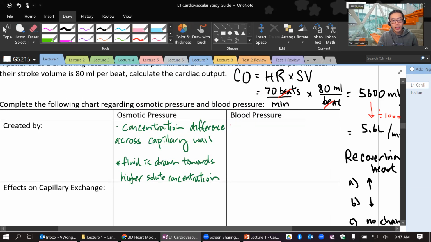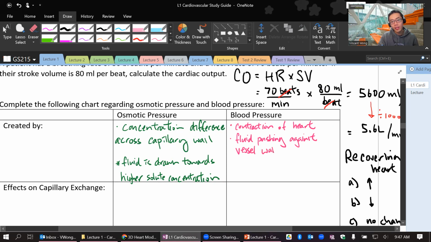For blood pressure, it is created by basically contraction of the heart, right? Contraction of heart. And as a result of that contraction, you're going to have fluid pushing against vessel wall.